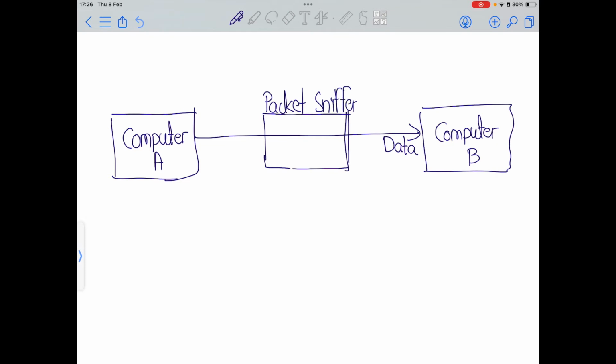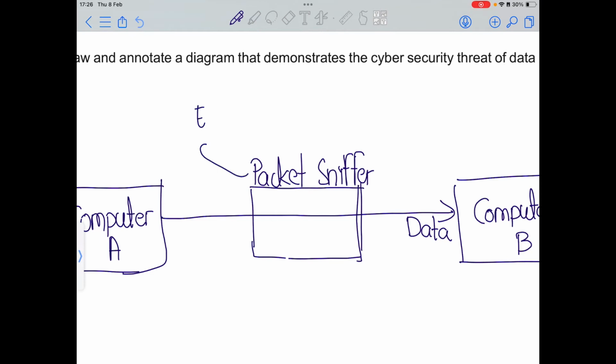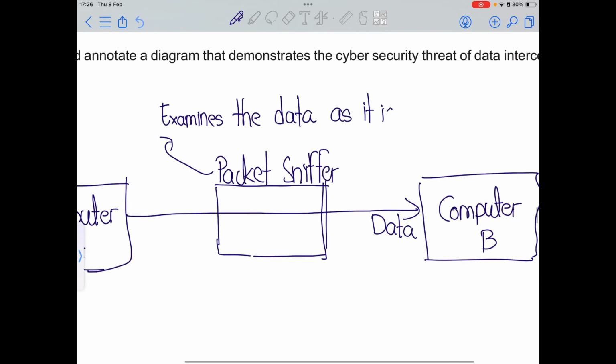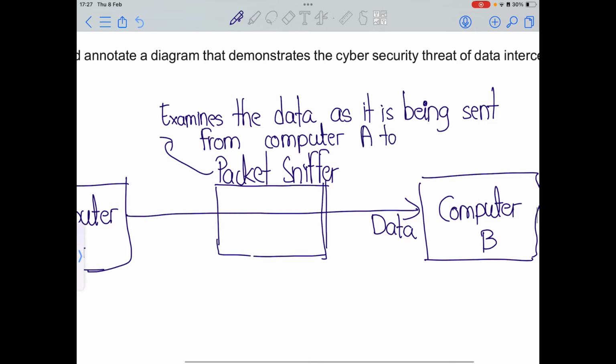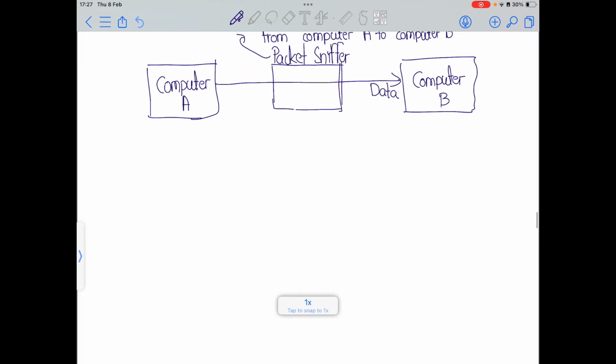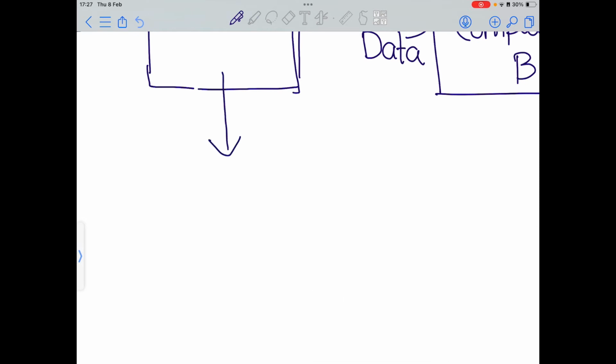Now what this does is it examines the data as it is being sent from computer A to computer B. And then this packet sniffer is going to send the data to a third party.